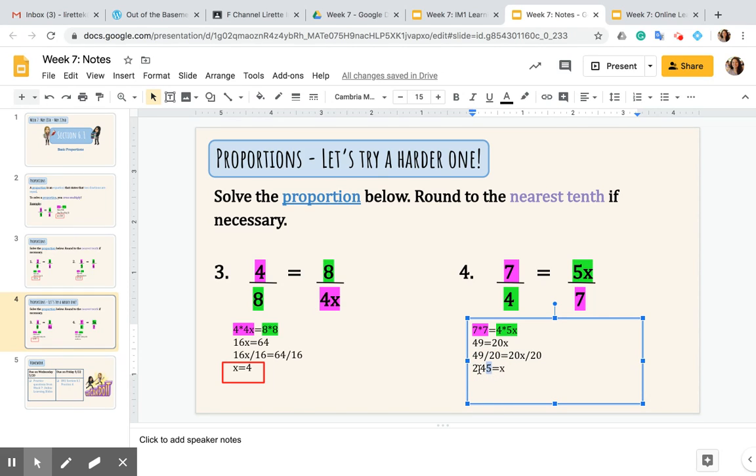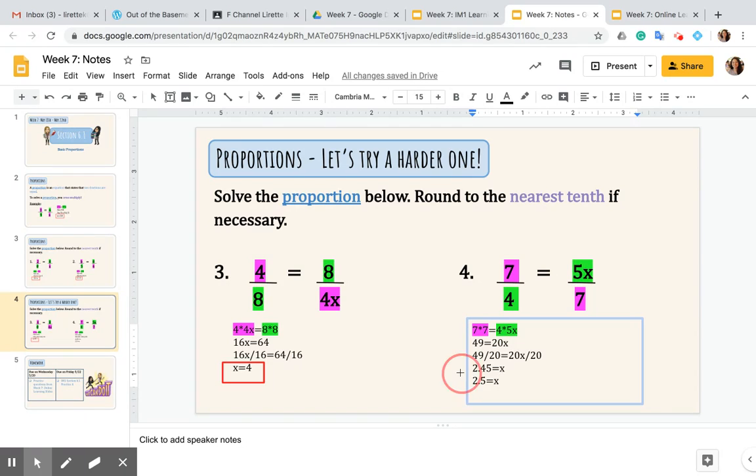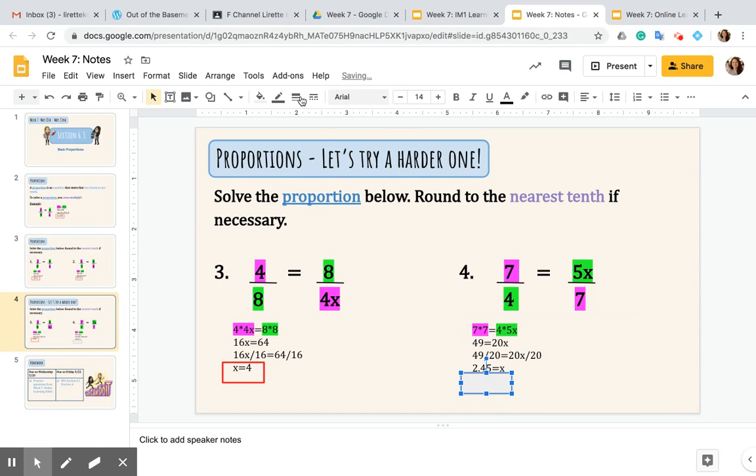If it's 5 or more, we raise the score. If it's 4 or less, we let it rest. So since this is 5 or more, I'm going to raise the score, meaning I'm going to bump that 4 up to a 5, and then I don't write any other numbers to the right of that. Everything else gets dropped. So that's rounded to the nearest tenth. And here is my final answer.